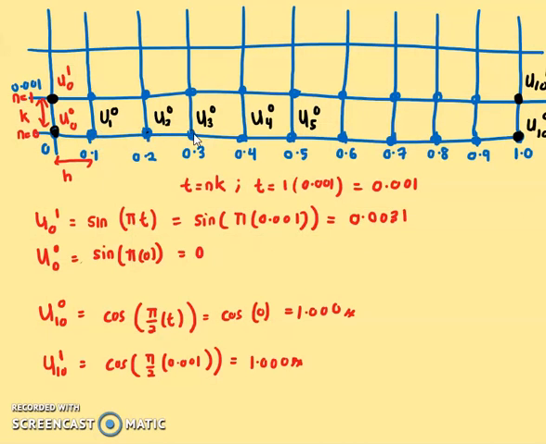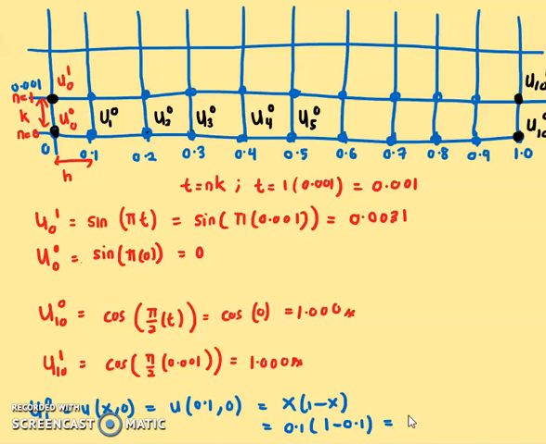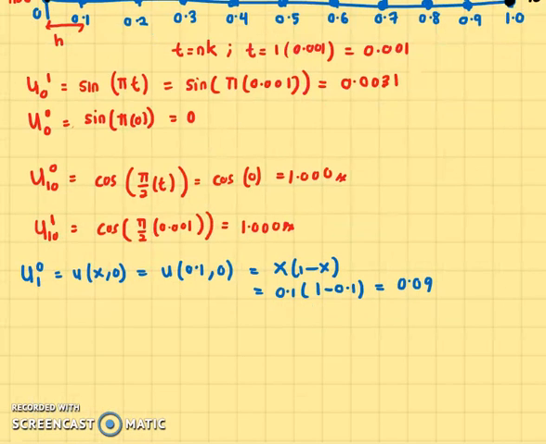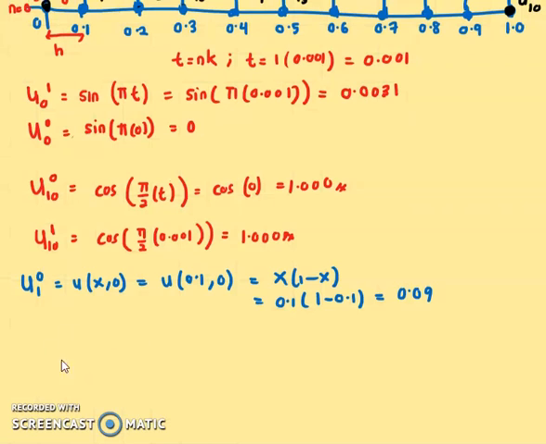Now all we've got to do is find all these values here, this one, this one, this one. Now this can be found using the initial condition. So u 1,0 is my u at x equals 0.1, which is given by the initial condition x times 1 minus x, which is 0.1 times 1 minus 0.1. So we have 0.09. I'm running out of time here, but you can find the rest from here.